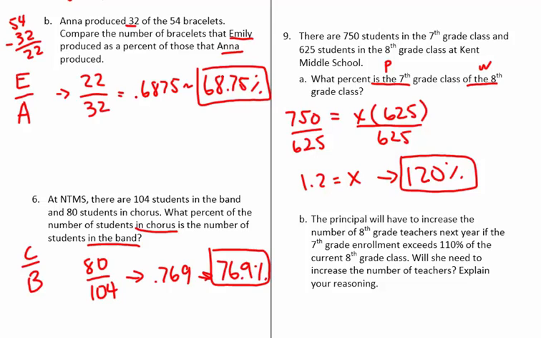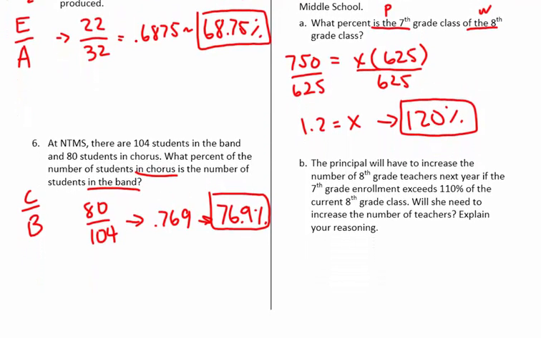It goes on to say the principal will have to increase the number of 8th grade teachers next year if the 7th grade enrollment exceeds 110%. So next year, those 7th graders are going to become 8th graders, and there's now more 8th graders coming in than there was this year, 120% more. So they're going to need more teachers. Will she need to increase the number of teachers?